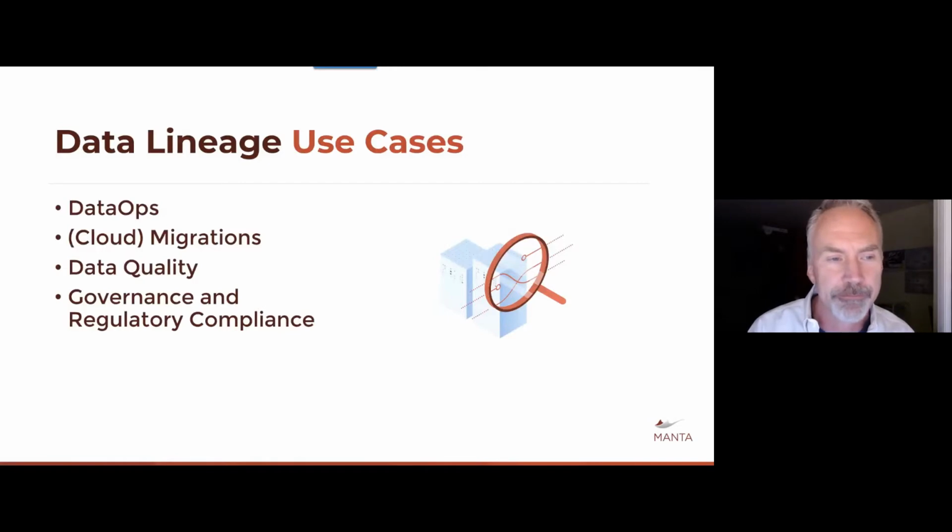Two of these are kind of related to code and IT, data ops and cloud migrations, which we're seeing quite a bit right now. Data ops is really all the work that goes into making sure that your data pipelines are reliable and robust and that they remain up and running so that your executives don't go to look at reports on a Monday morning and the reports are blank.